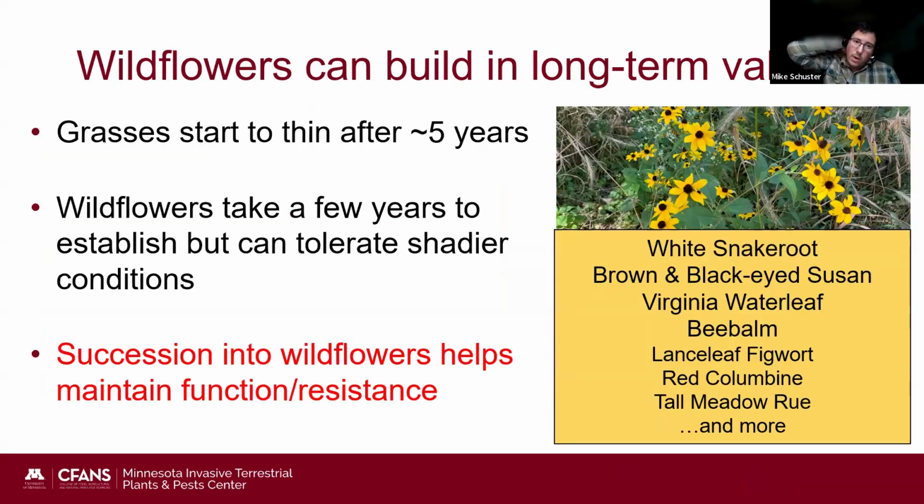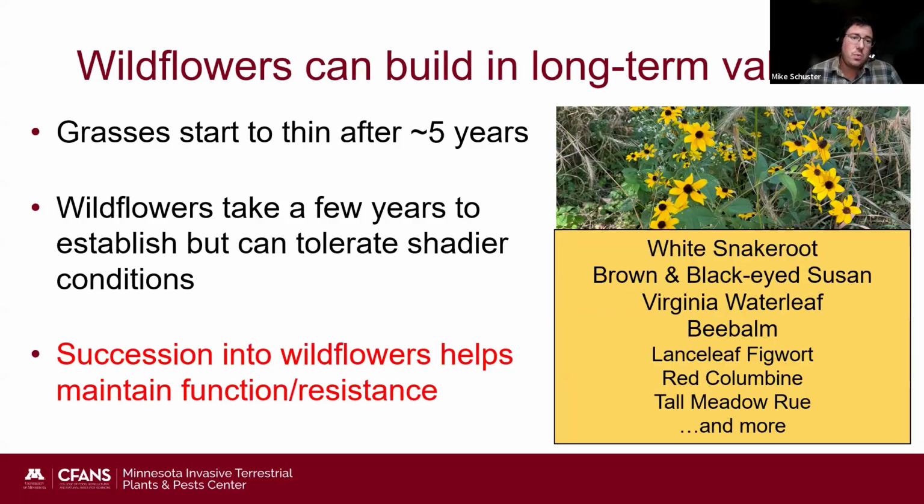Alongside that, we also saw that wildflowers can build in long-term value. The reason for this is because the grasses, those wild rice species, tend to thin out after about 4 or 5 years. They start to self-thin a bit. And that is kind of perfect because a lot of the wildflower species we use, things like snakeroot or black-eyed Susan, waterleaf, bee balm, figwort, columbine, meadow rue, and so on, all those species take a few years to establish, right?